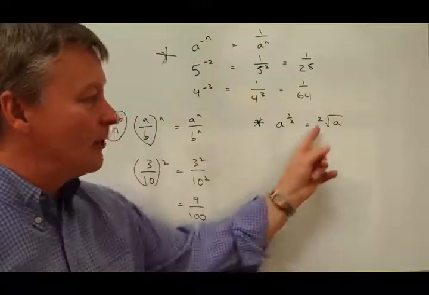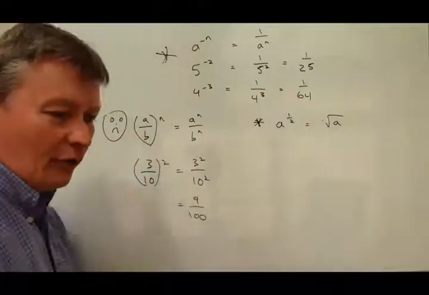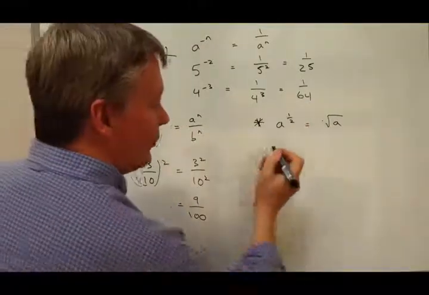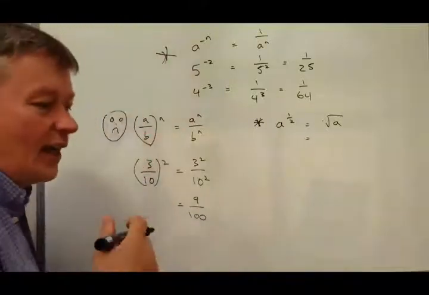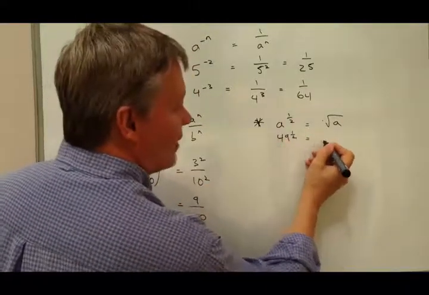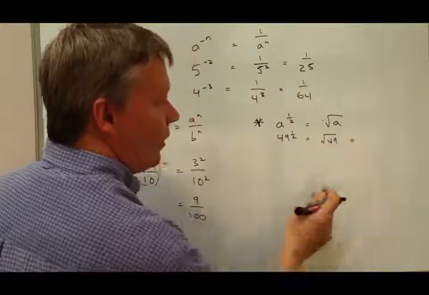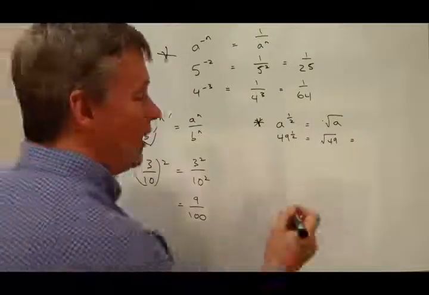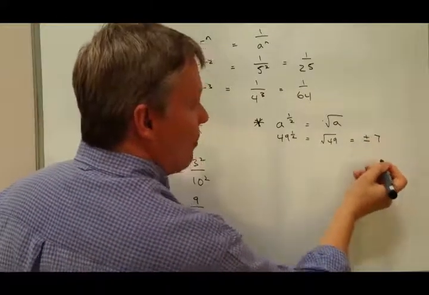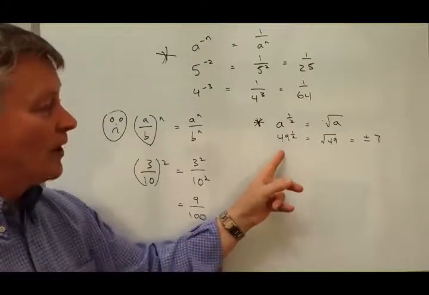Now, normally we don't write that little 2 there, we just write it as the square root of a. So an example of that will be something like 49 to the power of a half, which is the same as saying the square root of 49, which is 7. Or actually it's plus or minus 7. So you will come across this one from time to time as well.